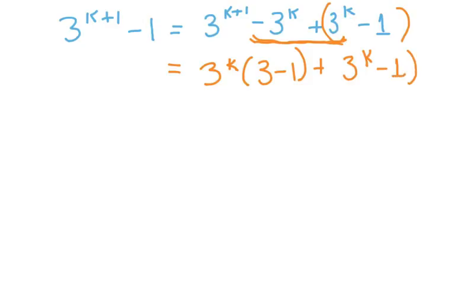And as I showed in a previous video, if you multiply 3 times 3 to the k, that equals 3 to the k plus 1. So as long as you know that, we're good to go. If you plug in some values, you can tell. If you let k be 2, then we have 3 times 3 times 3, and here, if you plug in 2, that would be 3 cubed.